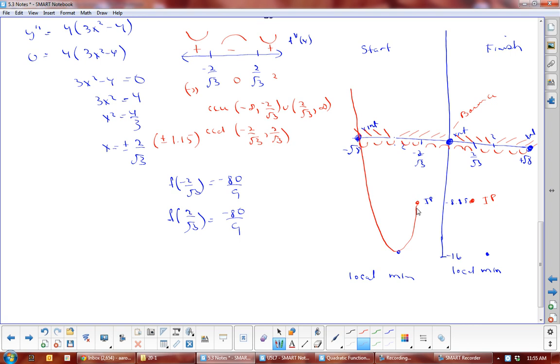Now from there, I'm going to go up, and as you can see, I have been decreasing all the way to this point, and make sure you're increasing all the way here, but you'll be increasing with concave down. And that's why I do this. I put my, see, this says increasing with concave down. So to be increasing with concave down would be like that. This says to be decreasing with concave down.